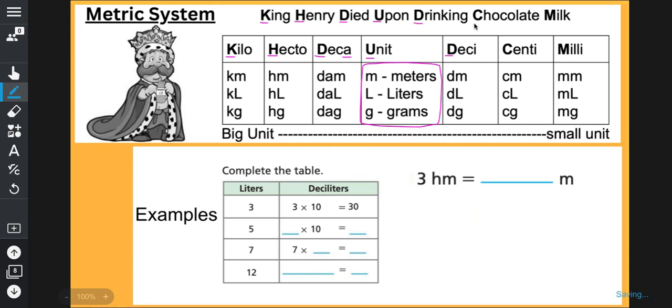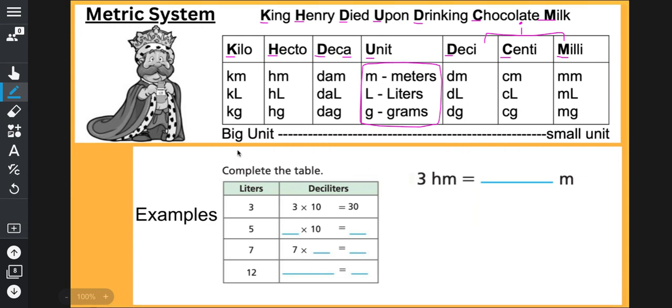Drinking is deci, chocolate is centi, and milk is milli. Having that silly little phrase helps us to memorize this chart. A good hint also is that after the units, all of these are I words. Deci, centi, milli, where none of them before have that I in them.